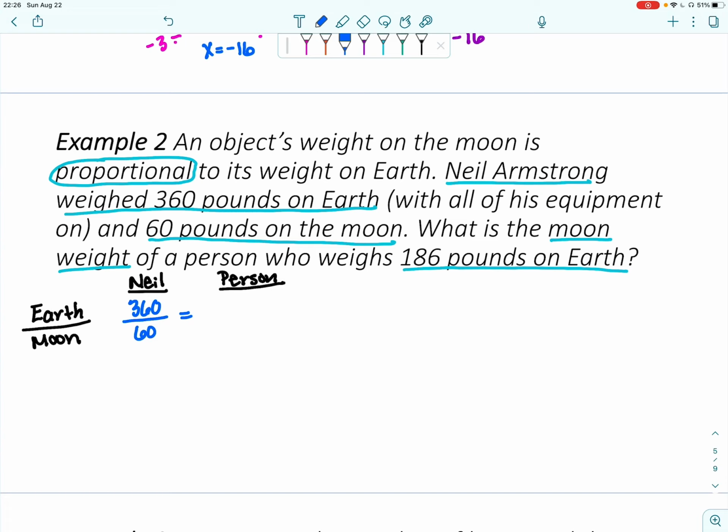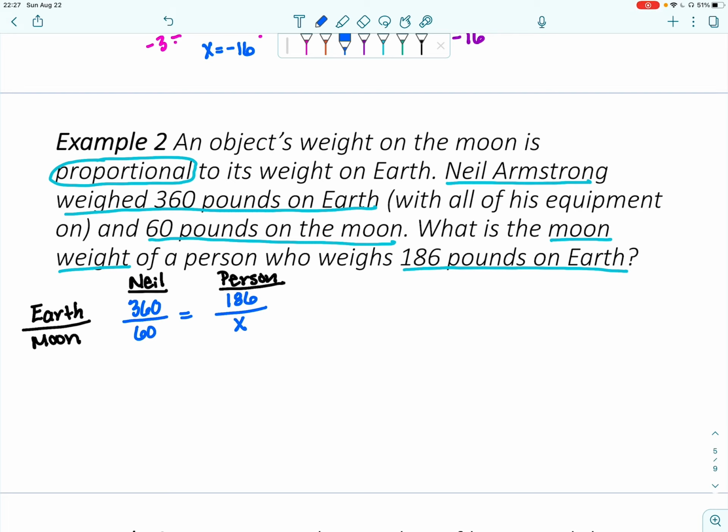So I need to be consistent now, and I need to put the earth weight of this other person on top. So their earth weight is 186, and their moon weight is what we don't know, what we're trying to find. So that needs to go on bottom, and I'm going to represent that with an X.